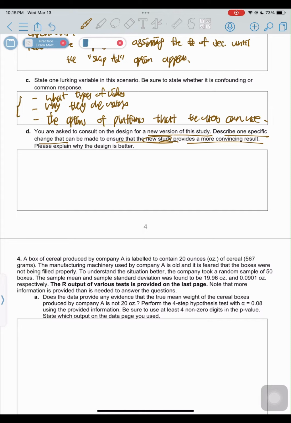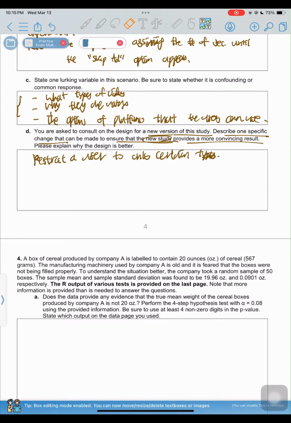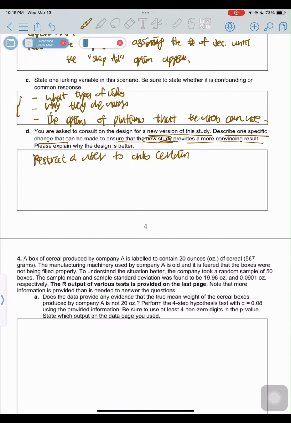So you can restrict users to only watch certain types of videos, or you can do something like why they're watching videos.